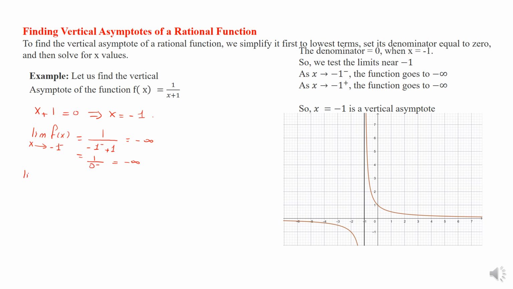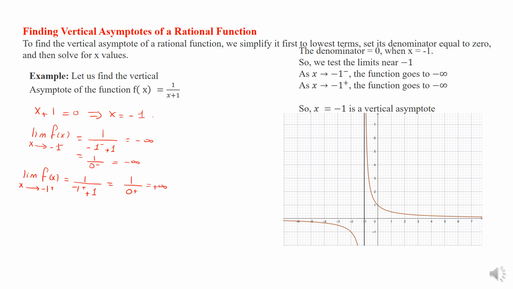Now, the limit of f of x as x tends to minus 1 plus, meaning more than minus 1, is 1 over minus 1 plus 1, so it is 1 over 0 plus, so it is plus infinity.